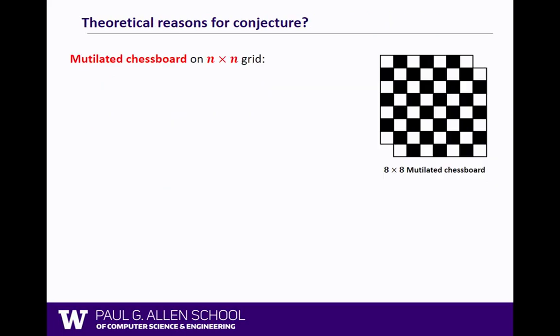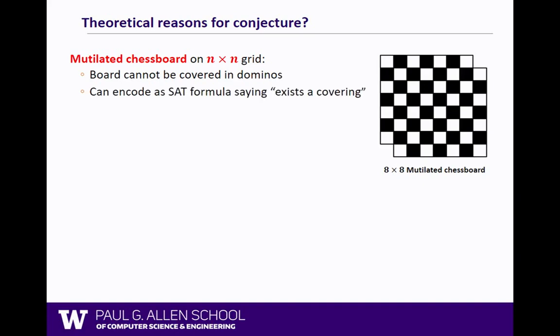Okay, so why else might we believe this? There are other similar problems that have been proven to have large resolution complexity. So take this mutilated chessboard problem on an n by n grid. This board can't be covered in dominoes because each domino covers one white and one black square. So if you encoded a SAT formula that says there exists a covering, that formula would be unsatisfiable.